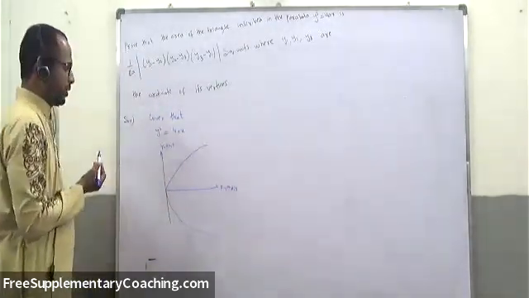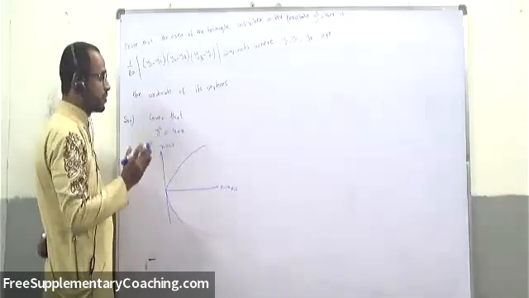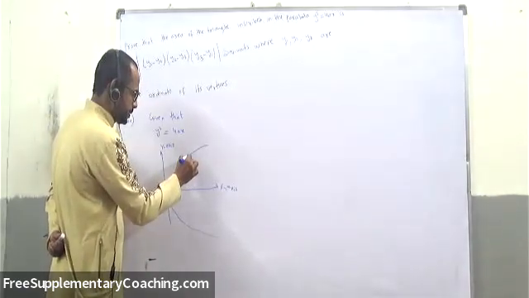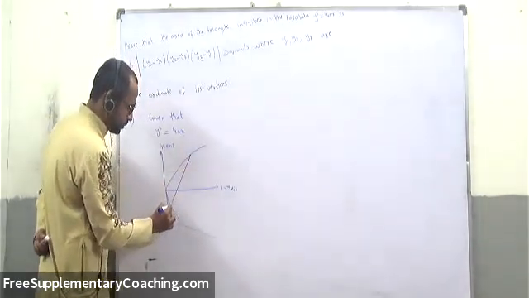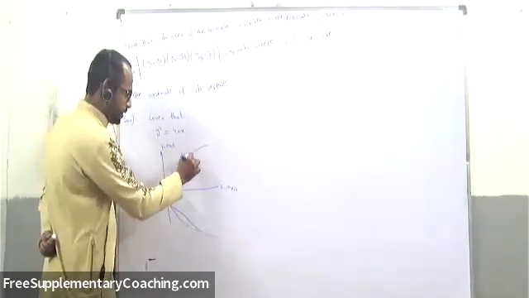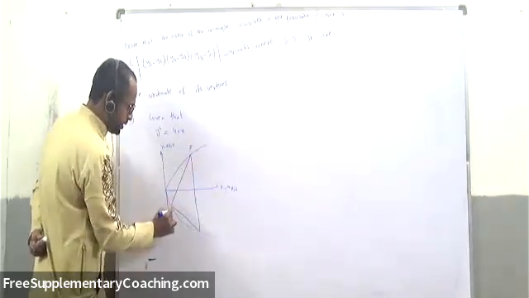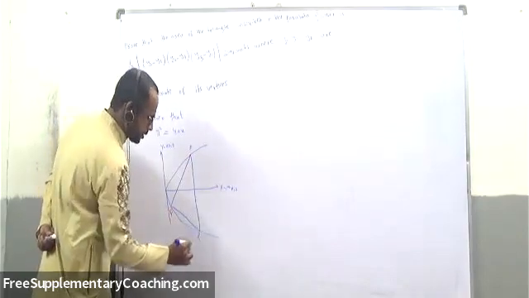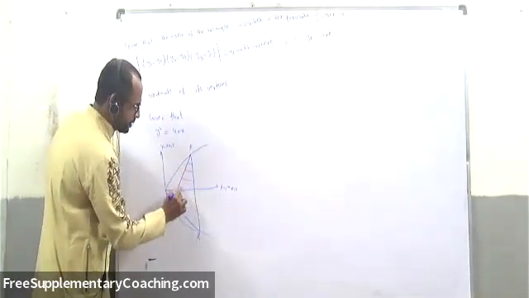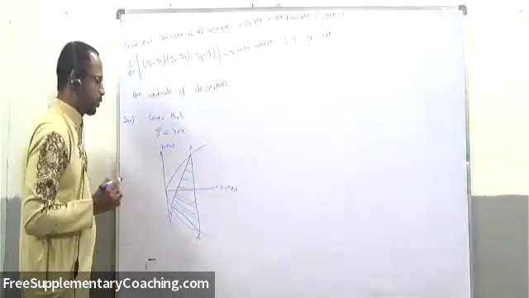Here, what is asked: in this parabola, we have drawn a triangle. This is a point, another point, and this is another point. Just join these. P, Q, R. So it is asking you to find the area of this triangle inscribed in a parabola. This is actually our problem.